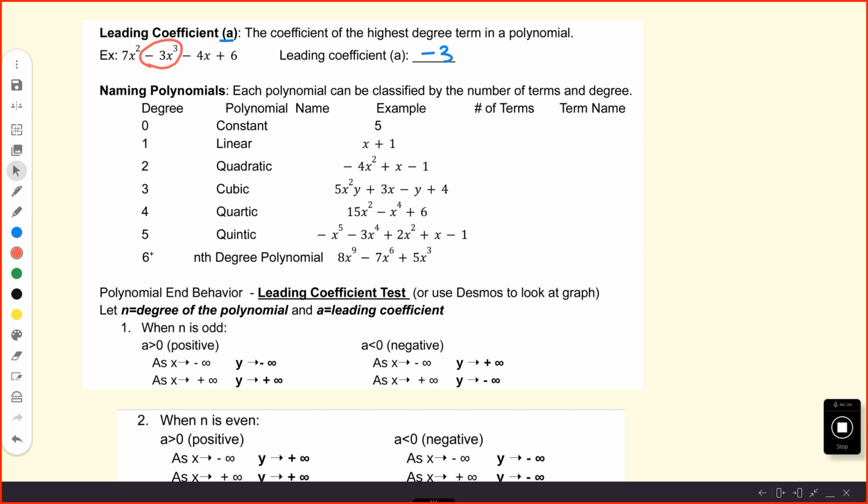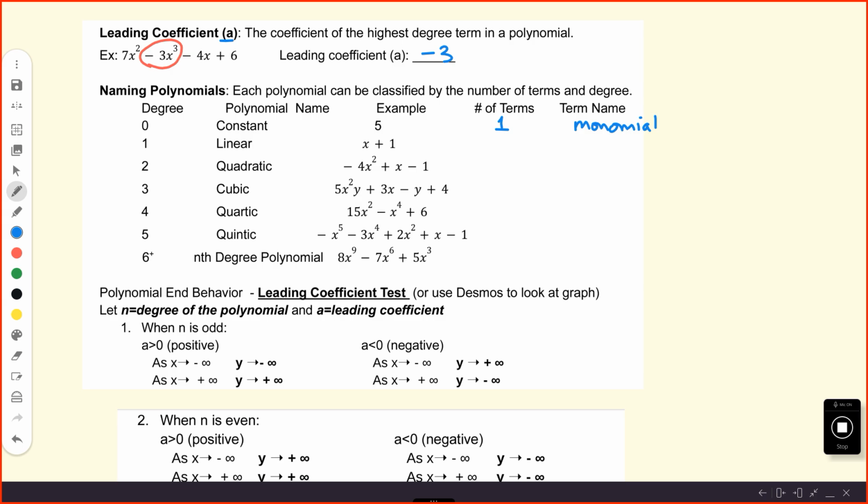If the degree is 0, that means it's constant, and this is only one term. What is the term name if the polynomial has one term? Monomial. Then degree 1, the polynomial name is linear.